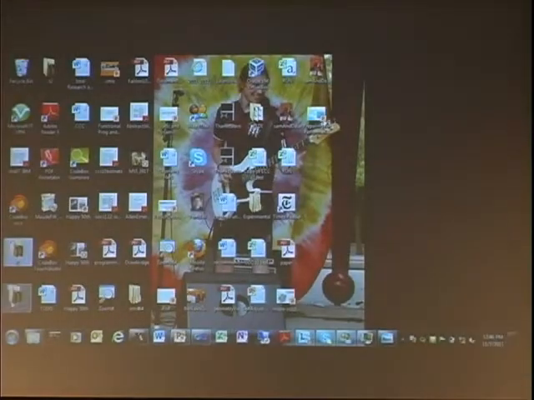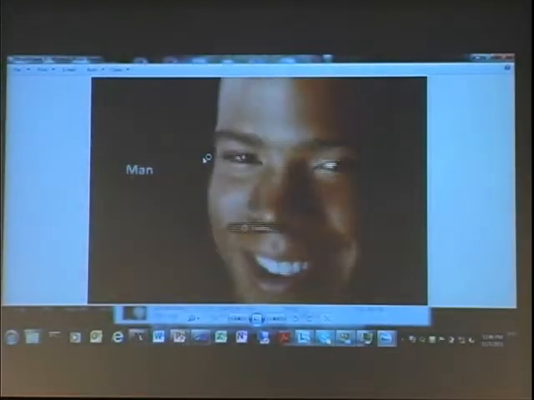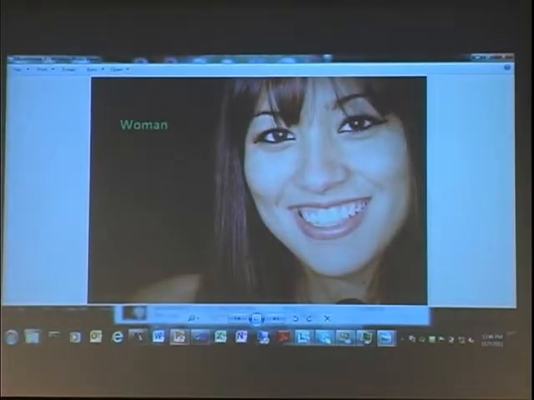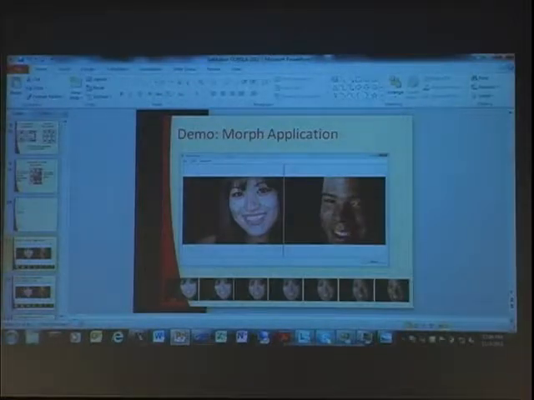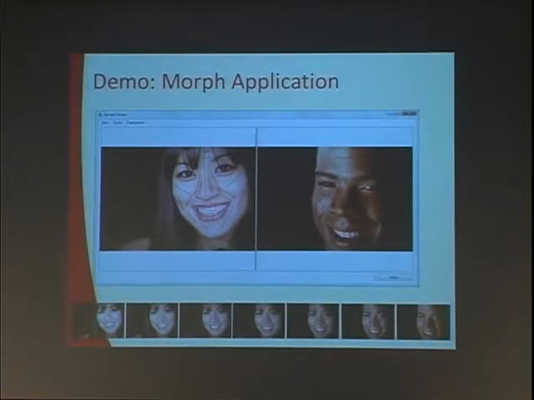Okay, so that was the morph the second time around, and I think when we measured it experimentally, it was like a 37-fold speed up, right? And it's not really a big surprise why we should be getting such a speed up, right? Why is that? Well, the inputs to the image are changed in a very small way.